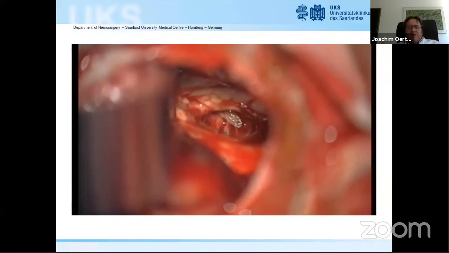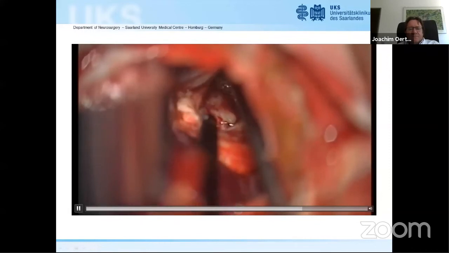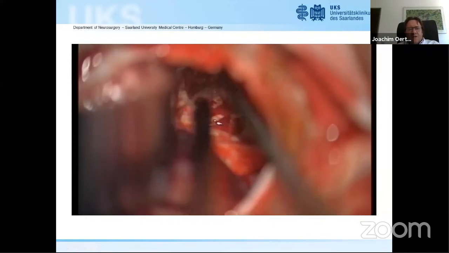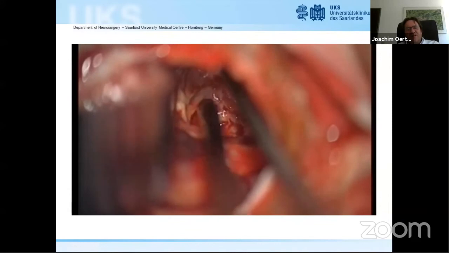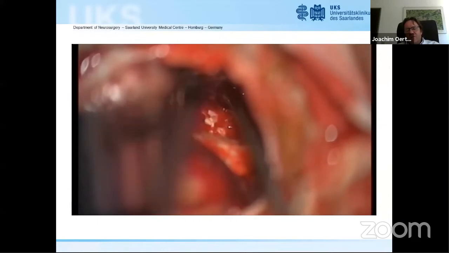We went in with a 30 degrees endoscope again. Always as much as you can do without endoscope we do, and then we go with an angulated endoscope to rule out for remnants.